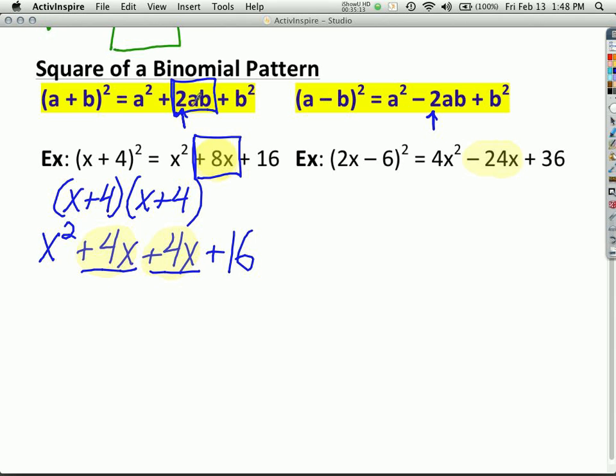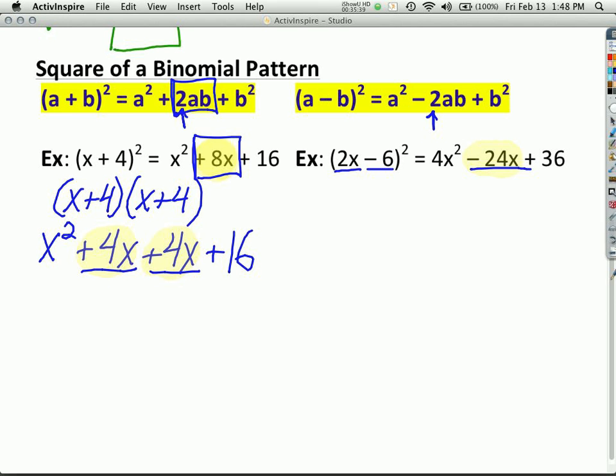Now double it. You said it. This is A, that's B. Multiply them together, what do you get? Now double it. Okay? So that's where the middle term comes from.